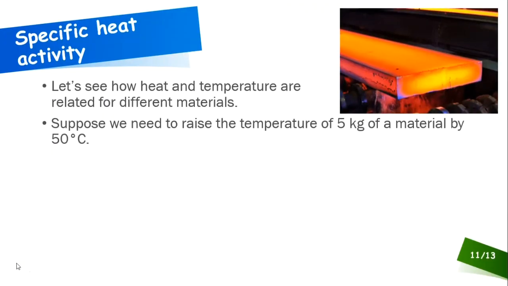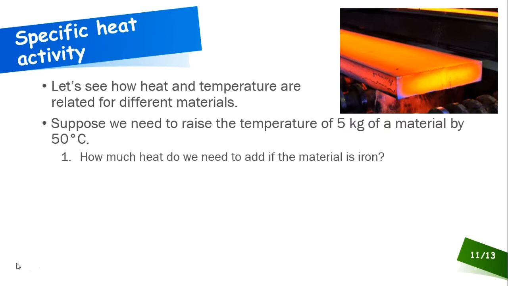So now let's give you a chance to run through this. In your workbook, you've got 3 different materials that are listed, and you're going to be raising the temperature of 5 kilograms of each of those materials by 50 degrees Celsius. So if the material is iron, how much heat do we need to add to raise that temperature difference?